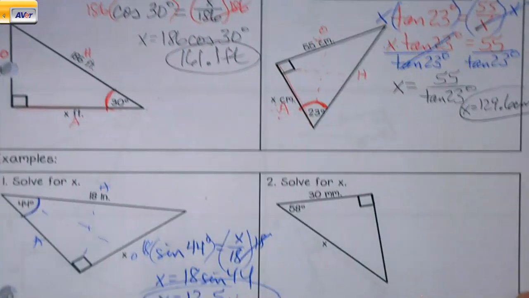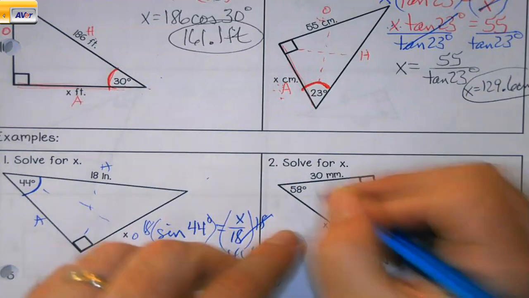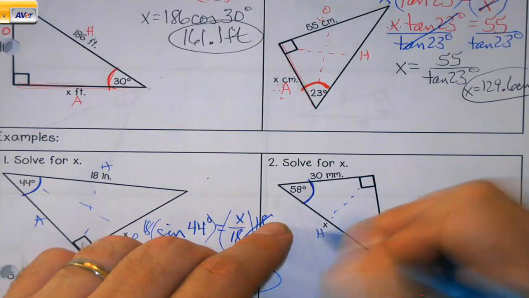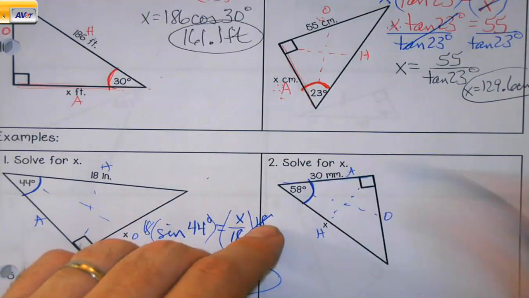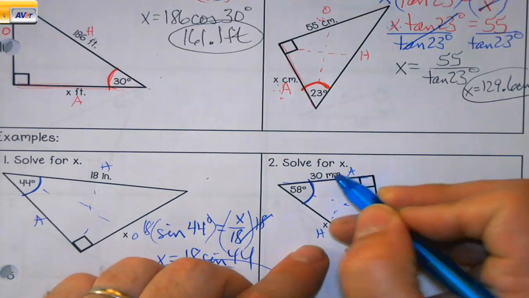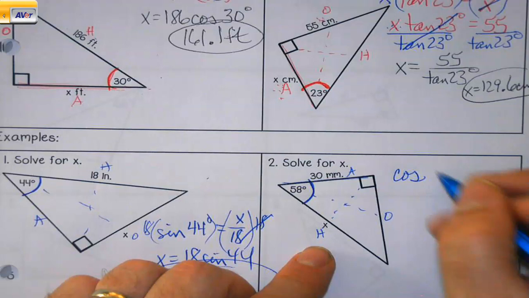So, for instance, on 2, if I was doing that, mark my angle, mark my sides, I've got adjacent and hypotenuse, which is cosine.